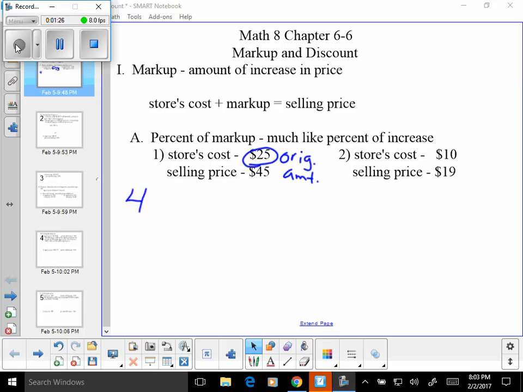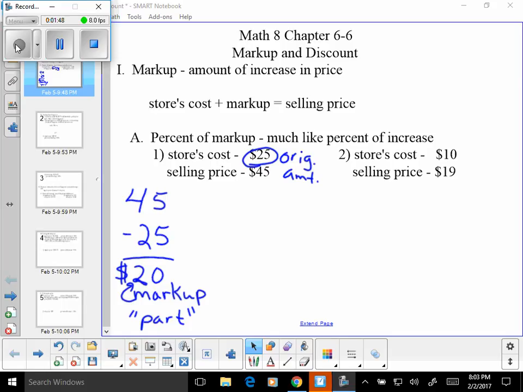So we're going to take 45 minus 25, just like we did in step 1 in lesson 6.5a. That is going to give us a markup of $20. This markup is a part.